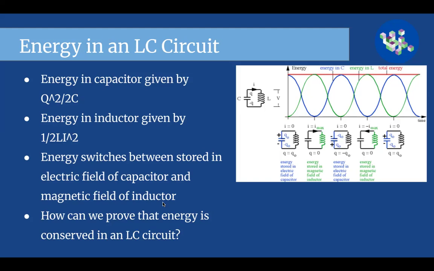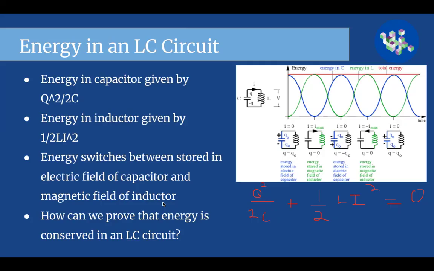But when the charge on the capacitor is zero, your inductor will have a magnetic field which stores that energy. So by conservation of energy, we can say that Q squared over 2C plus 1/2 Li squared is constant.